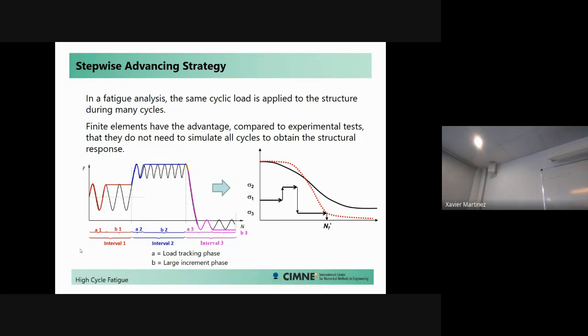And we would be monitoring the stability of the stress state inside the finite element model from one cycle to the next. If it's stable, then I can apply the large number of cycles, okay? If it's not, I have to continue to apply small increments of loading.